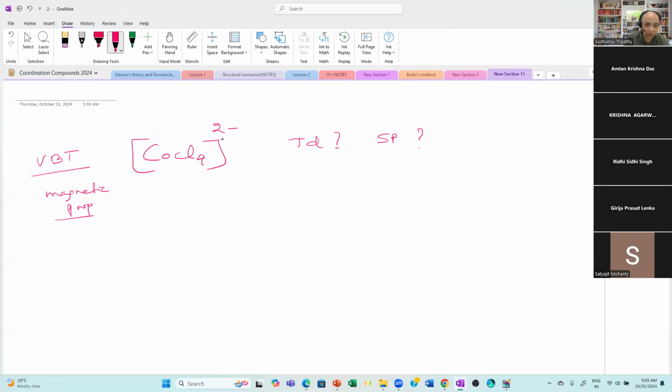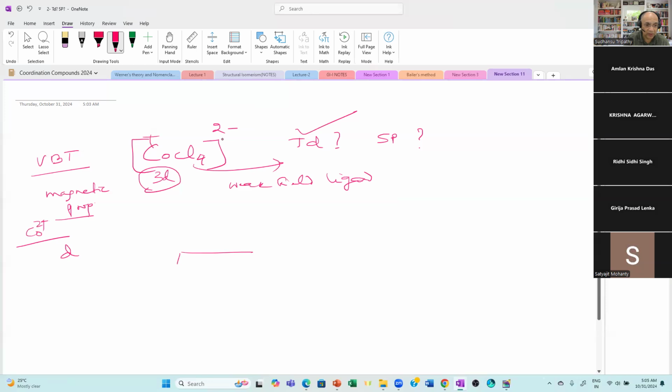Okay. So tell me, what is the shape of tetrachlorocobaltate 2? Tetrahedral. Definitely, because this is 3d and a weak field ligand, and hence it is tetrahedral in shape. This is cobalt 2 plus, so it is d7 configuration. Here we have to show the hybridization only.